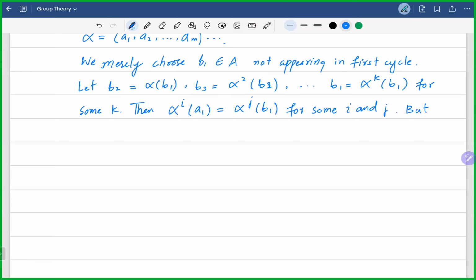But then alpha power i minus j of B1 is equal to B1, and therefore B1 is A_t for some t.